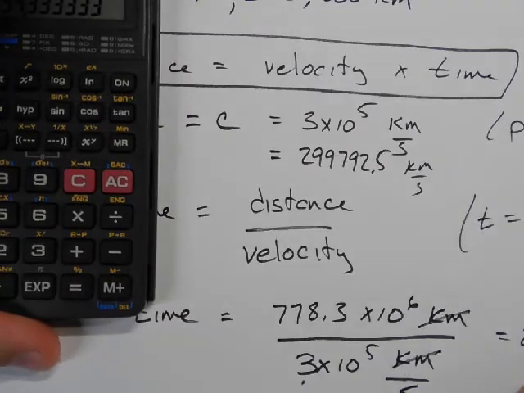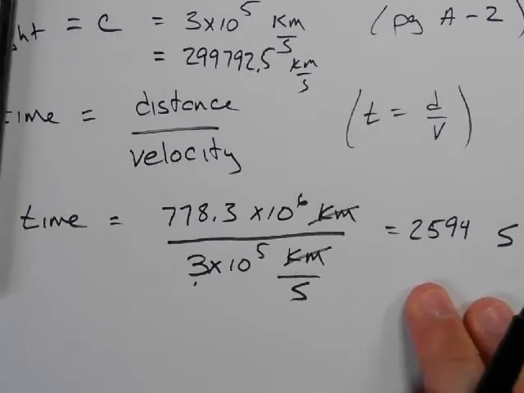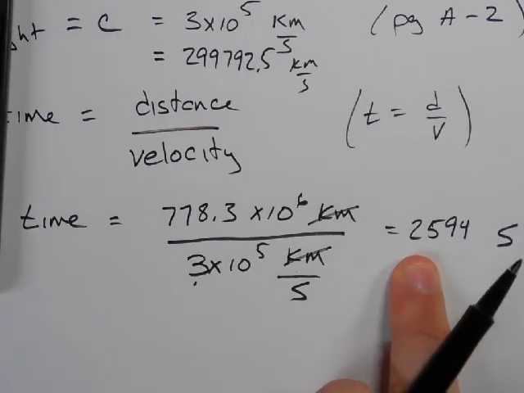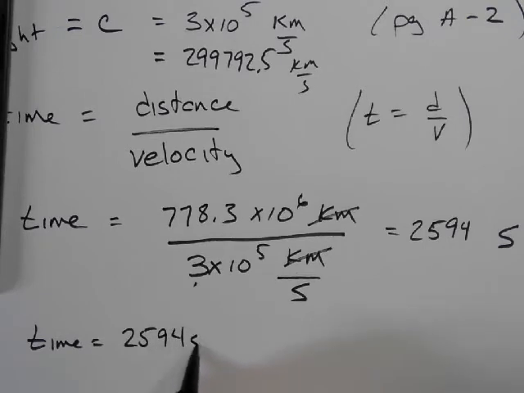So anyway, we got this number, right? 2594. Now we need to convert this to a reasonable time. How many minutes is that? So our time is 2594 seconds. And we want to convert to minutes.